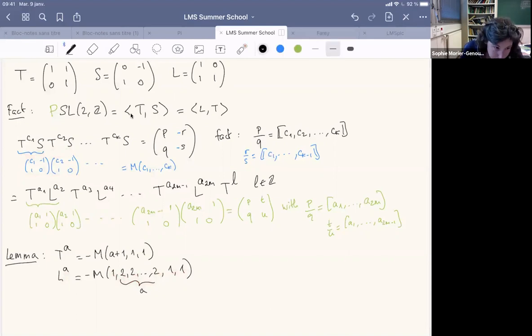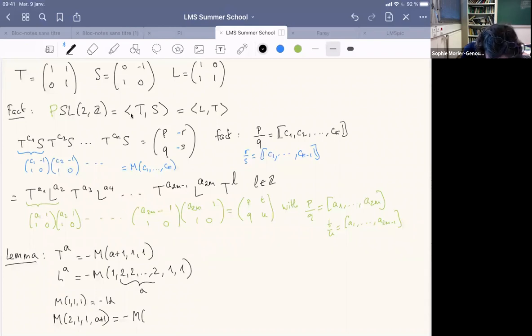And what else do we need? We need to notice that M of 1, 1, 1 is minus identity, and that's the frieze of width 0. But we also need to know that if I compute M of 2, 1, 1 and a value A, it is the same as the matrix M, no, sorry, I'm going to A plus 1.